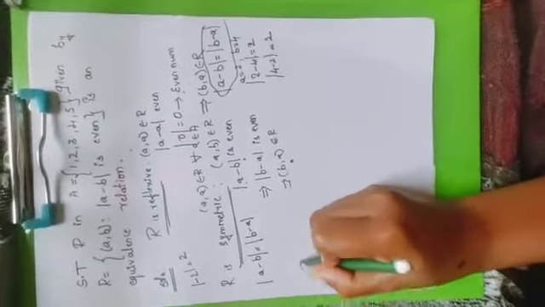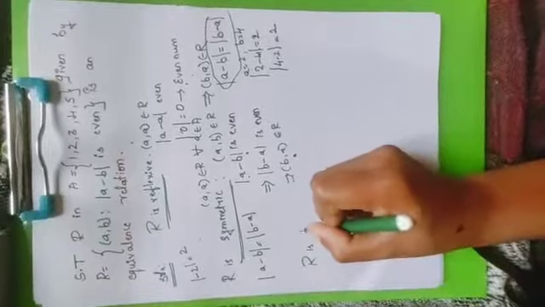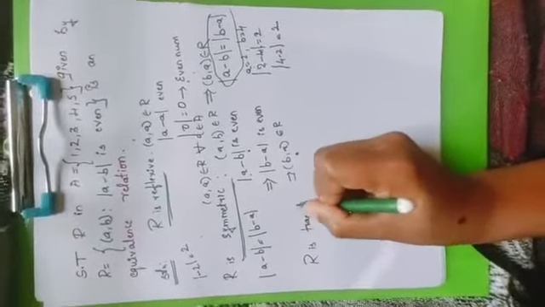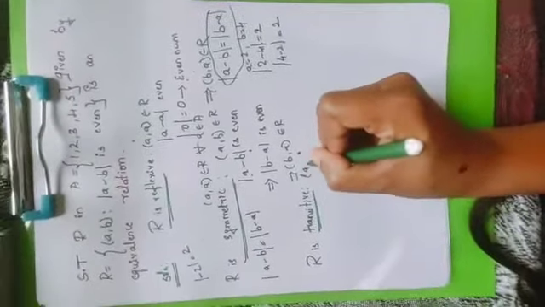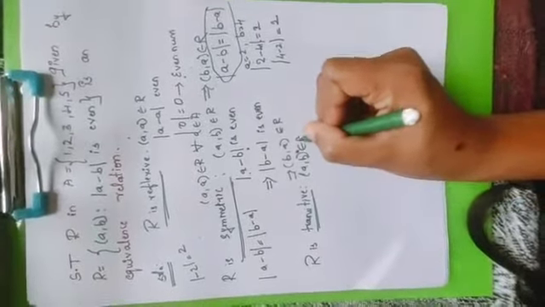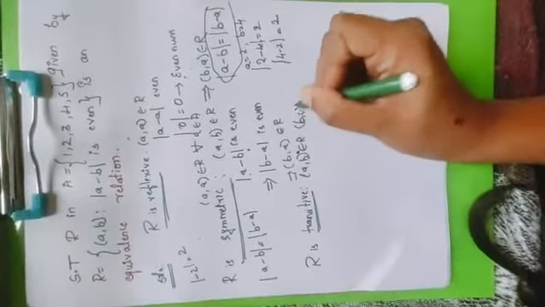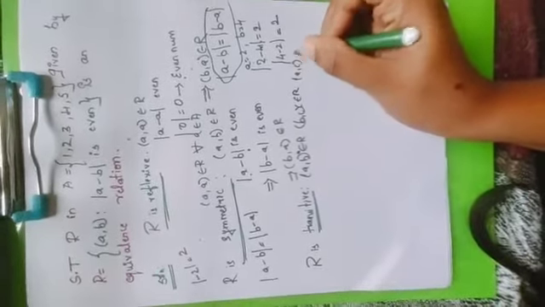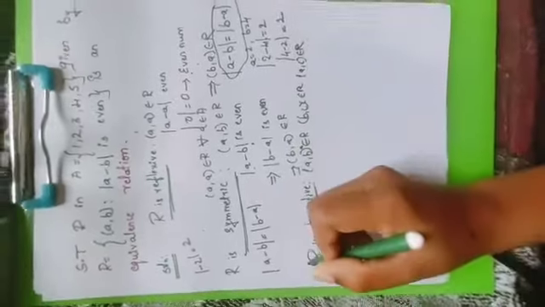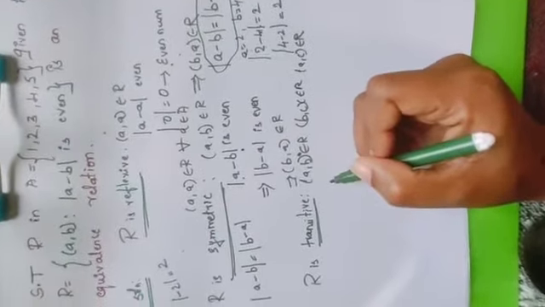Now coming to transitivity. R is transitive. So what is the condition for transitivity? If A comma B is in R and B comma C is in R, we have to prove that A comma C is also present in R. Okay, so what do you mean by A comma B is in R?